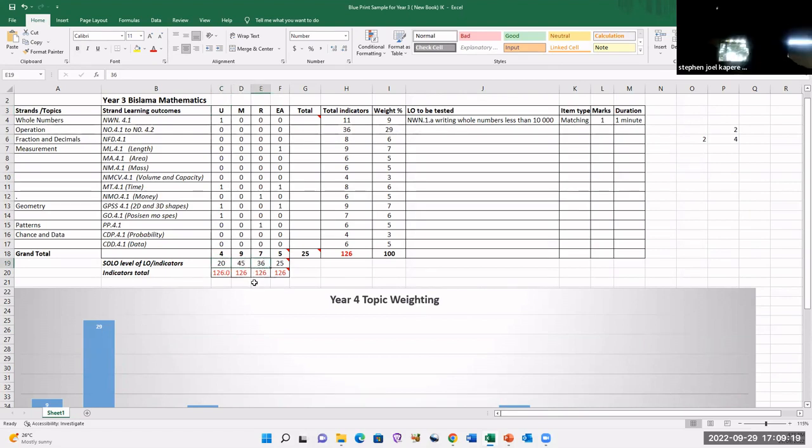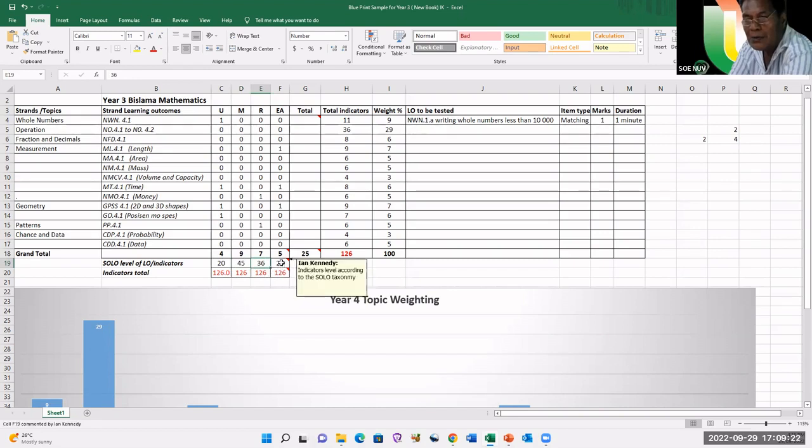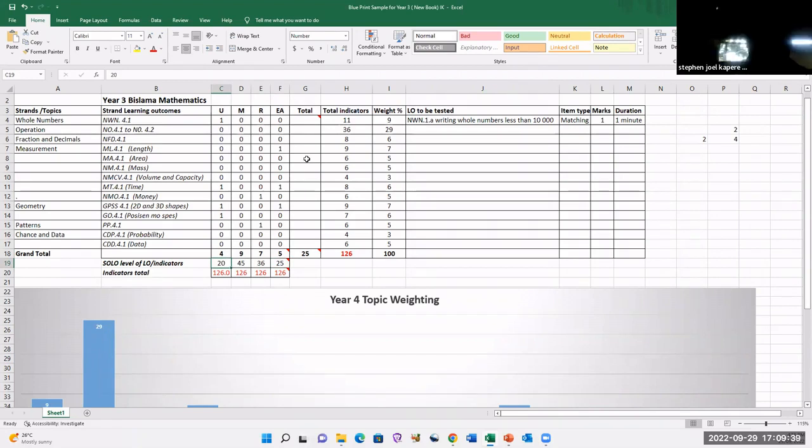After that relational, it has 36 more. And 25 for extended abstract. We calculated these when you open more indicators after you count them up per subject, per strand. So unistructural, multistructural, relational, extended abstract.